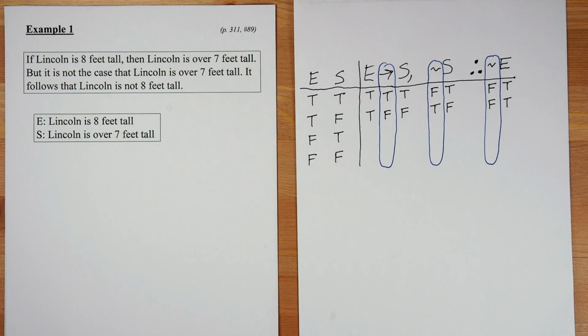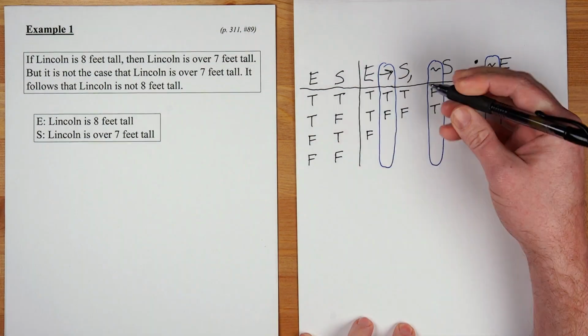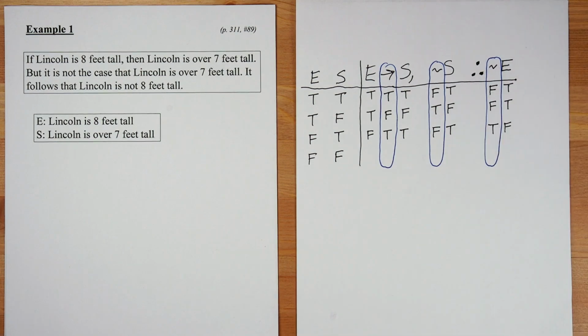Scenario 3, row 3, we're going to have true premises, true conclusion. The first premise is true because, remember promises. Mom promises, if you get an A on your exam, I'll send you cookies. Well, here in premise 1, no promises are broken. It's like we have false, arrow, true.